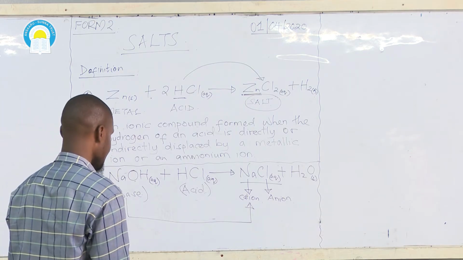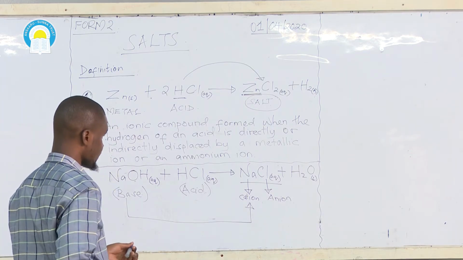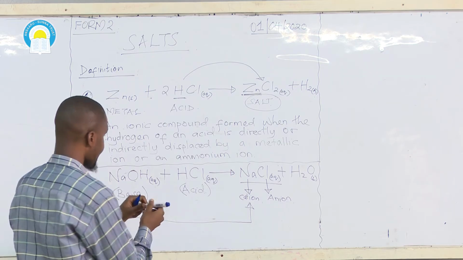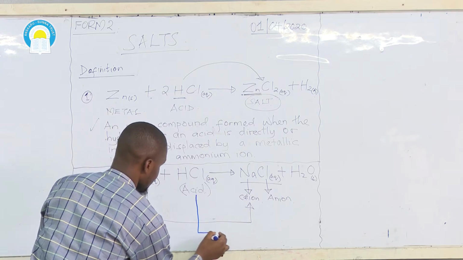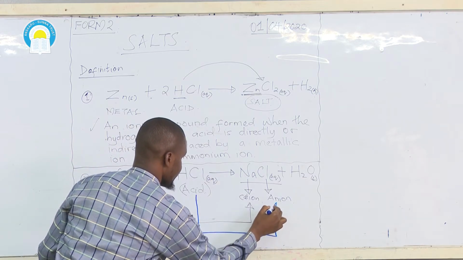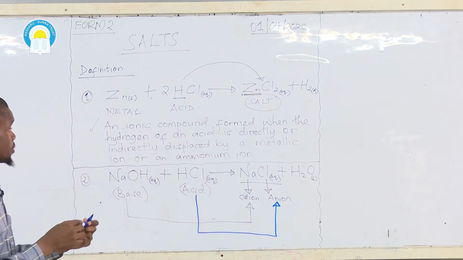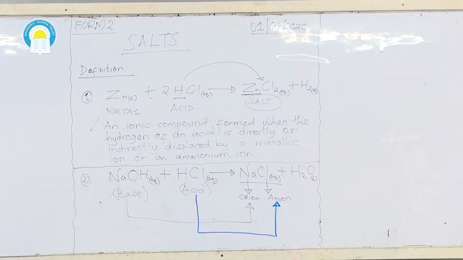And if you're keen enough, we will discover that the anion, that is the chloride, came from the acid.